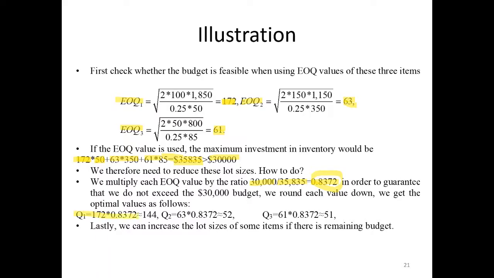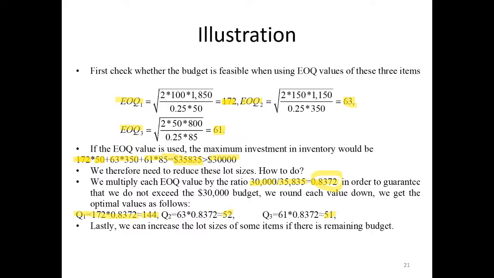So for the first stock keeping unit, it's 144. For the second one, it's 52. For the third one, it's 51. After doing that, we recalculate the maximum monetary value of the items kept in inventory and double check our numbers.